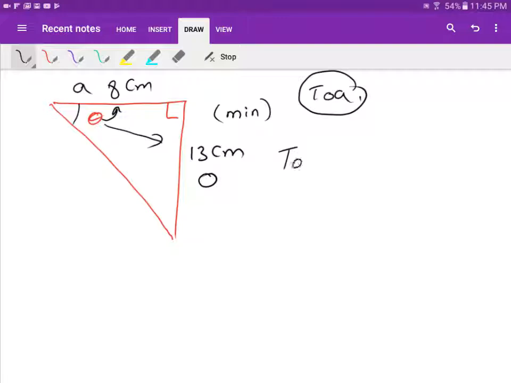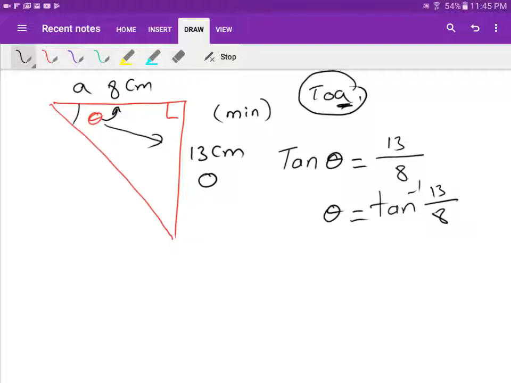T stands for tan, remember that. Tan of theta equals opposite, which is 13, over adjacent, next to it, which is A. Then you want to get rid of tan, so you do the opposite of that: tan inverse. So theta equals tan inverse of 13 over 8.